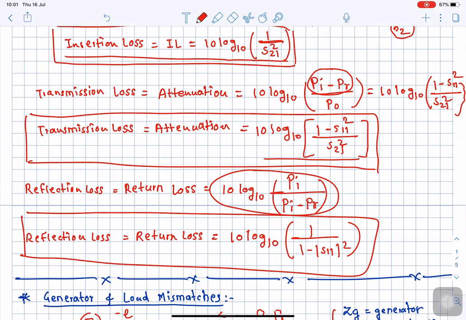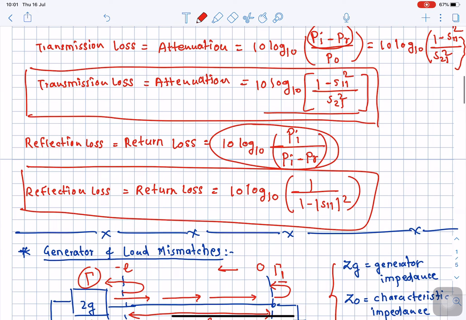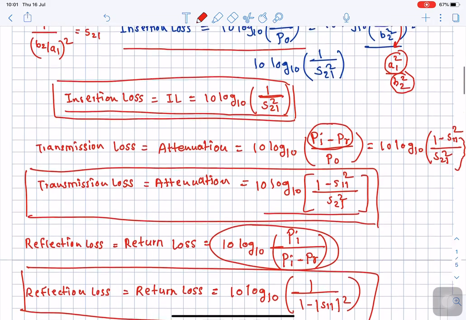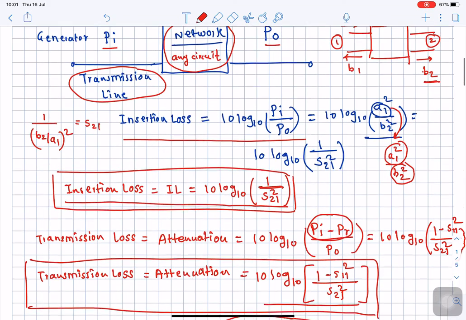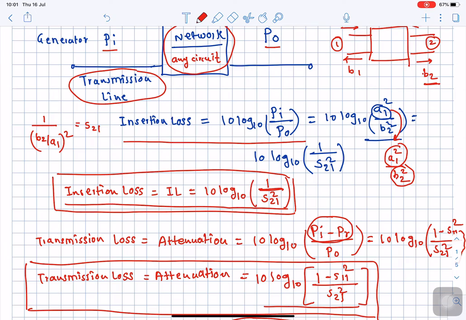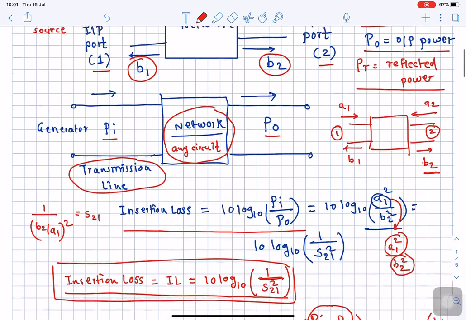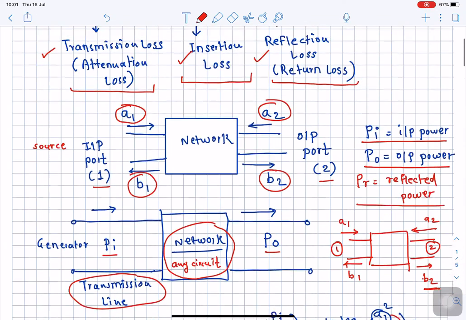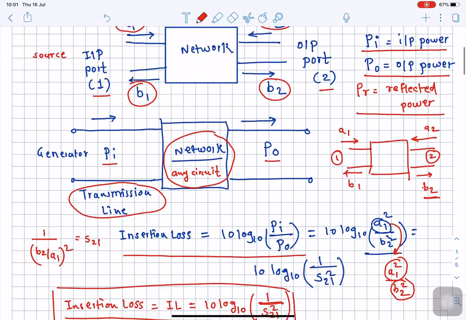If you replace the power entities in terms of incident and reflected waves, and convert them into scattering parameters, the reflection loss or the return loss equation becomes 10 log to the base 10 of 1 upon 1 minus S11 square. So these are the three typical types of losses that normally get encountered in microwave operation. First is the transmission loss, the attenuation loss, second is the insertion loss, and third is the reflection loss or return loss.